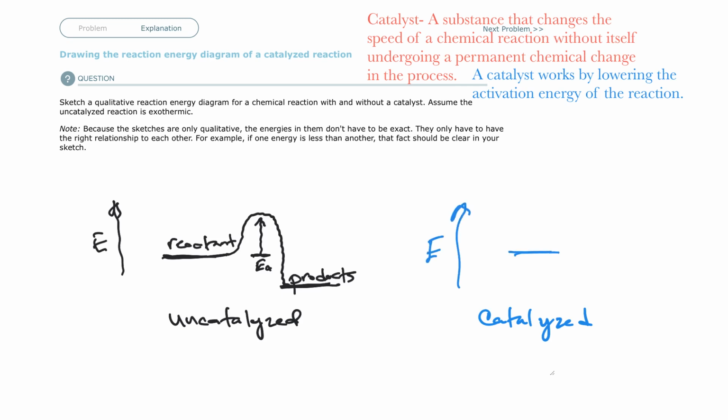Okay, I'm still going to have reactants. I'm still going to have products. Okay, but I'm going to have a smaller activation energy. So more of the reactants can become products easier.